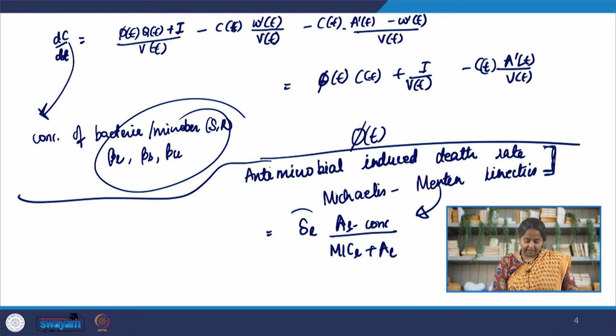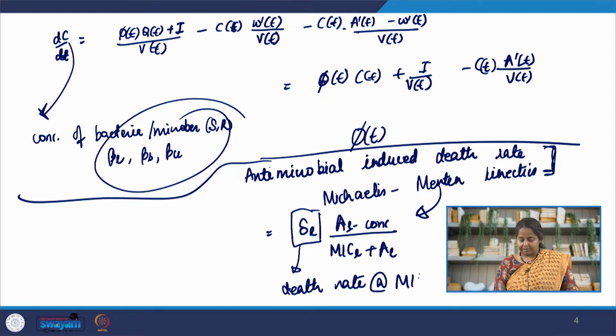Now delta L is the death rate at which this particular lytic antibiotic, beta L or AL, however you put it, antimicrobial, which does bacteriolysis, kills at MIC.